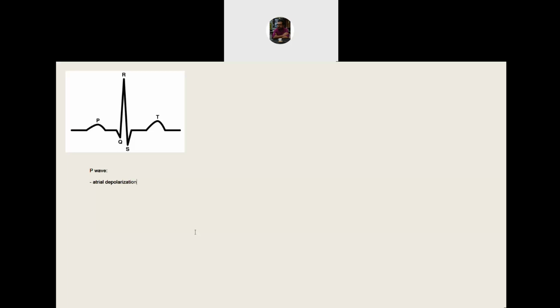How do we know that the P wave is normal? You know that the ECG is placed on a graph paper that is graduated in millimeters. The criteria for a normal P wave are that the P wave measures less than 3 millimeter in height and less than 2.5 millimeter in width.